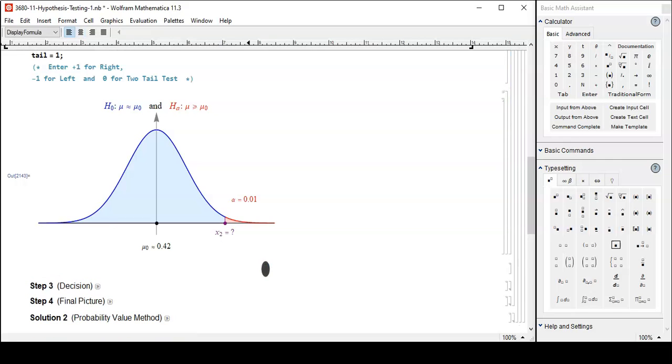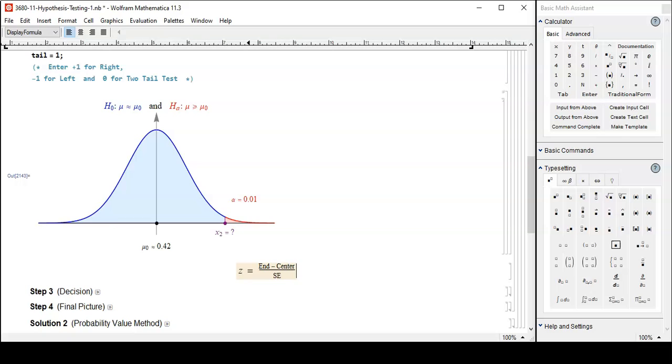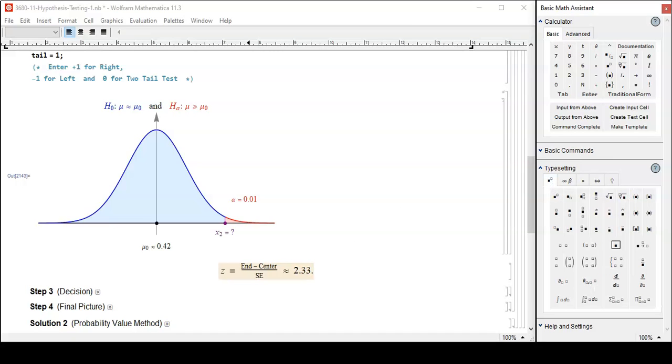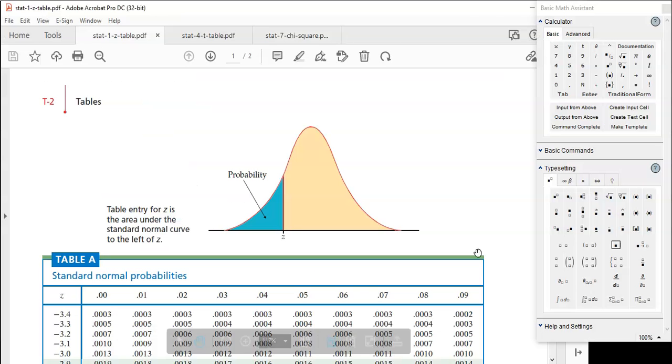It's easy. Z value is end minus center over SE. And that should be approximately equal to the z-score associated to this 1%. If you look up the z-table, you're going to get about 2.33. I've seen it so many times, I ended up memorizing that.